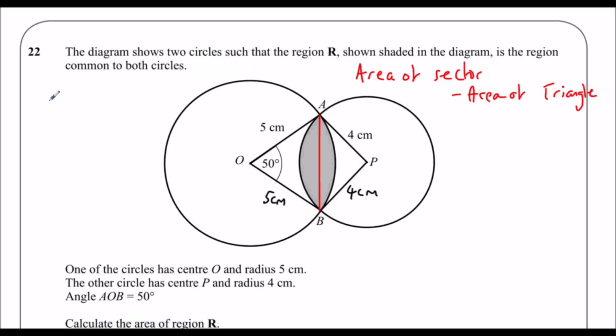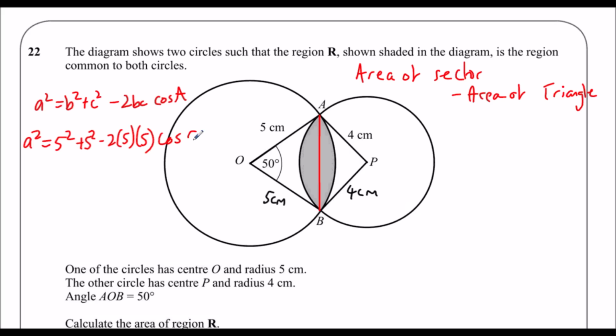So the cosine rule says a squared equals b squared plus c squared minus 2bc cos A. To find this length, we can say a squared equals 5 squared plus 5 squared minus 2 times 5 times 5 cos 50.